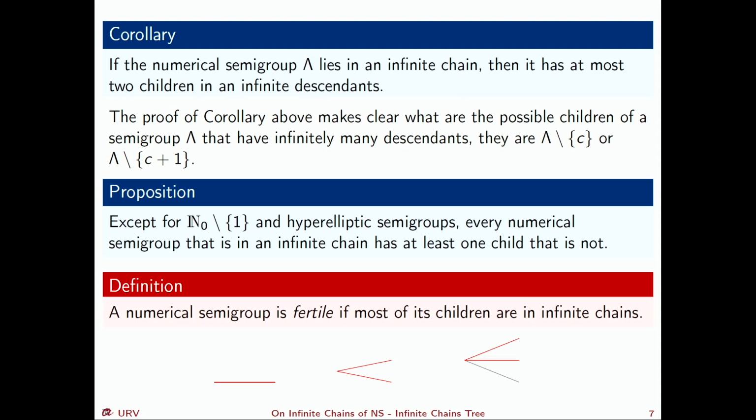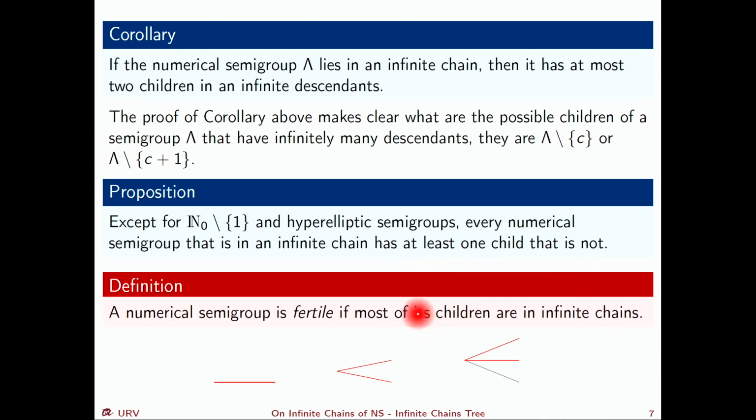So by the proposition, a fertile numerical semigroup has only one child if it is hyperelliptic or the naturals, and it is type 2 if it equals the naturals without 1.